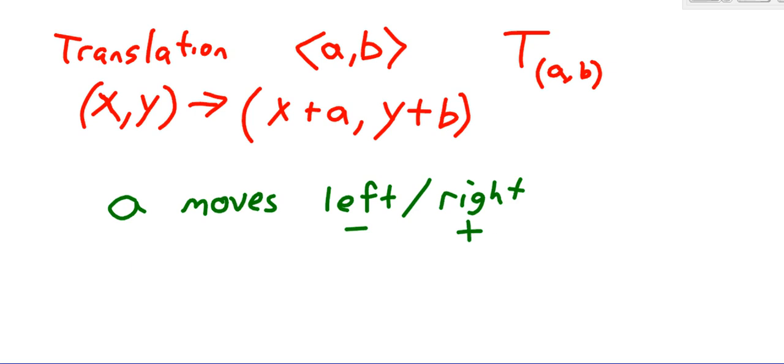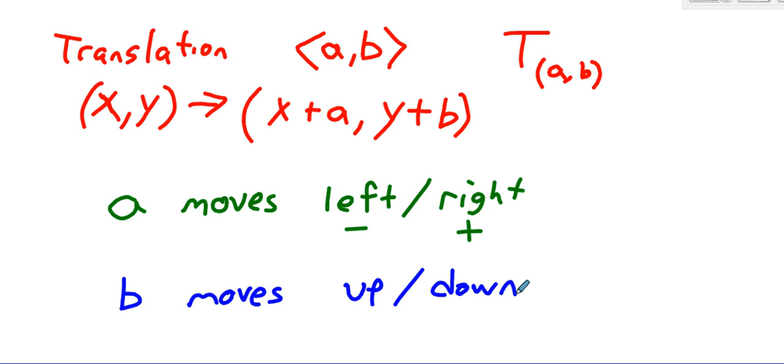And then similarly, B moves it up and down. It moves up if it's positive and down if it's negative. That's pretty much everything about translations right there.